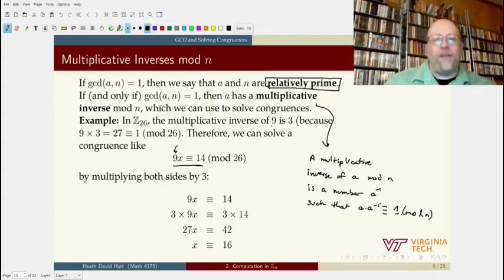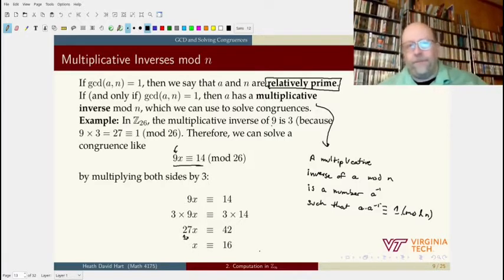But 27 is the same thing as 1. So on the left side, we just get 1x. And 42 is the same thing as 16, because we're working mod 26. That is, the 3 and the 9 give me a number that, because it's in the same column as 1, cancels out and gives me 1 on the left side, and then this gives me 16 on the right side. Okay? So this is our idea.